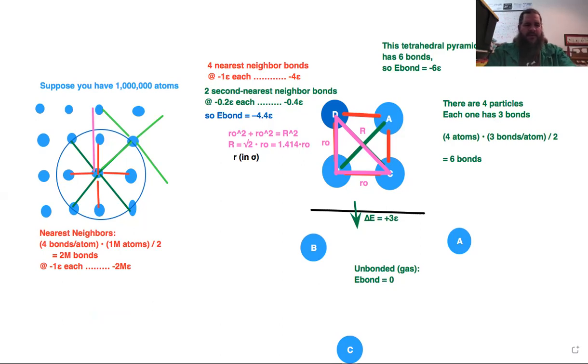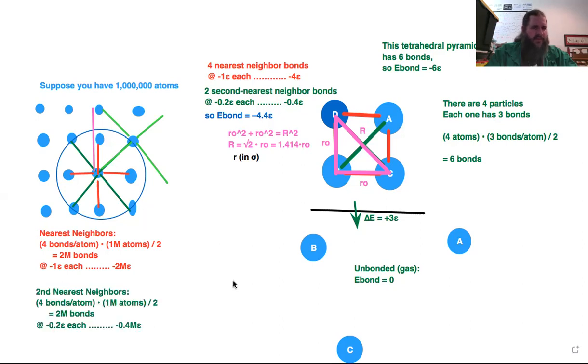That gets us 2 million second nearest neighbor bonds. Each one of those has negative 0.2 epsilon as the energy. So 2 million times negative 0.2 would be negative 0.4 million epsilon.